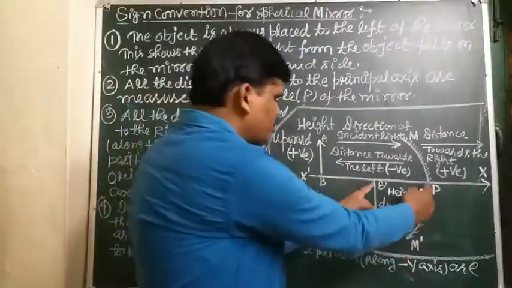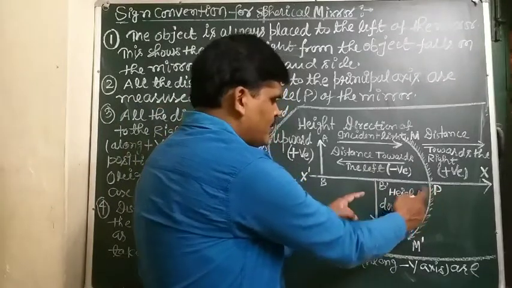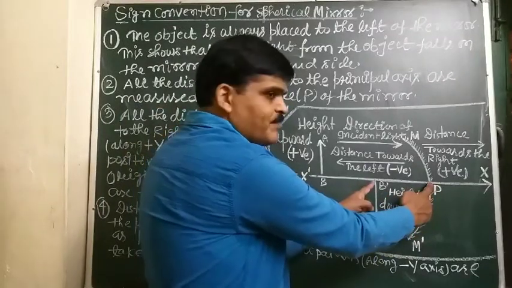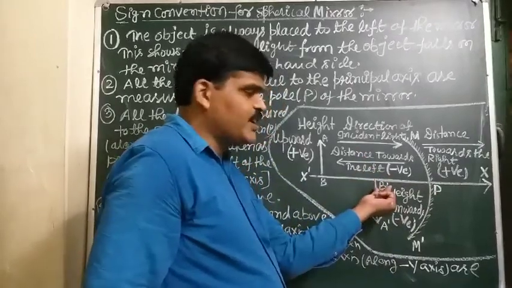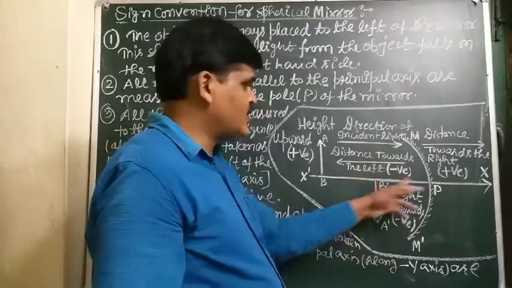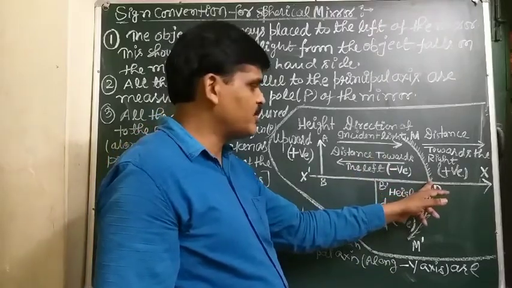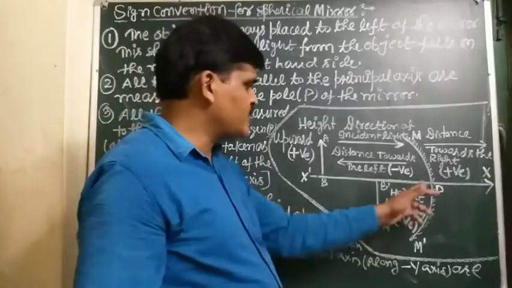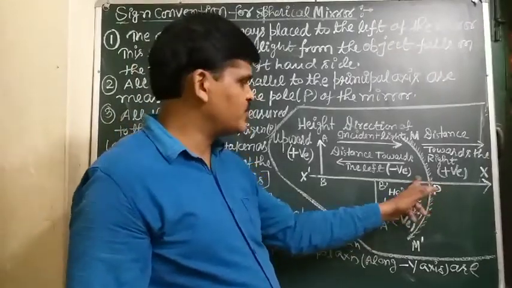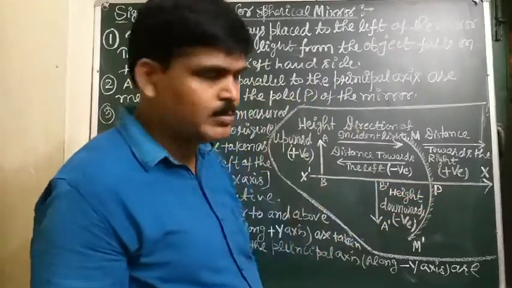It means all the distances, whether on the left side or on the right-hand side, are measured from the pole of the spherical mirror. Suppose you want to measure PB dash, this distance. We have to find the distance B dash from which point? From the pole of the mirror. So all the distances are measured from the pole of the spherical mirror. This is the second.